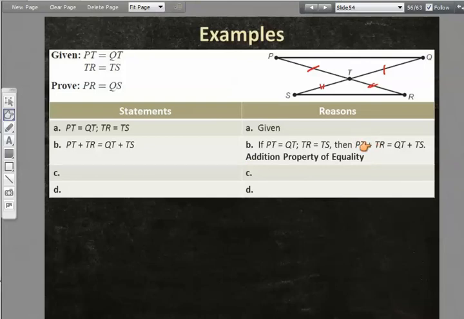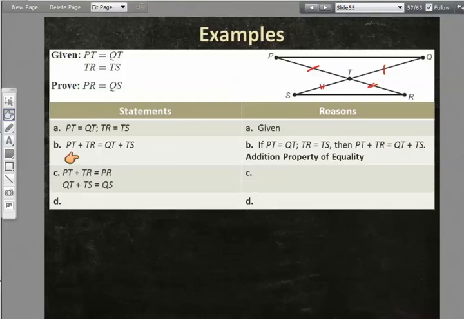Okay? Addition, equal. Okay? So now I'm going to say, well, PT plus TR equals PR. Ooh, we're getting closer to that final proof. QT plus TS equals QS. Alright.